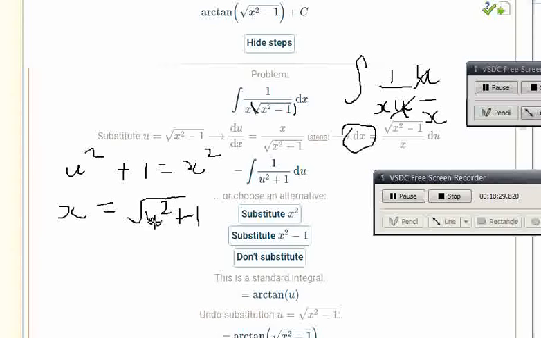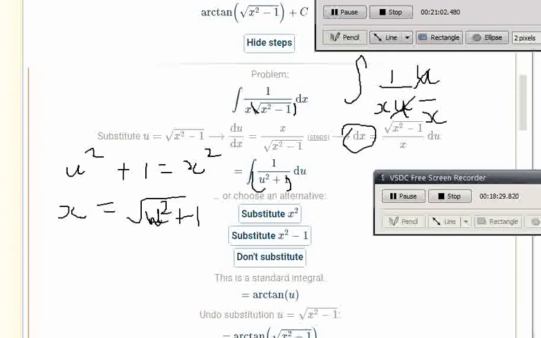Okay, this is a u. So you get 1 over x squared, which is 1 over u squared plus 1, which is here.